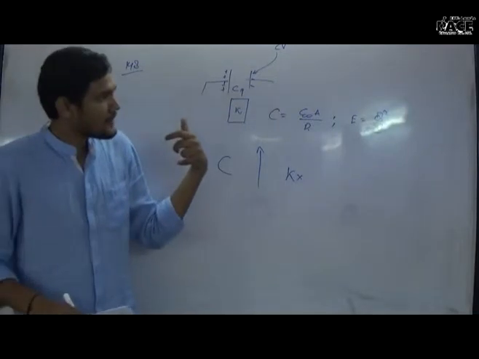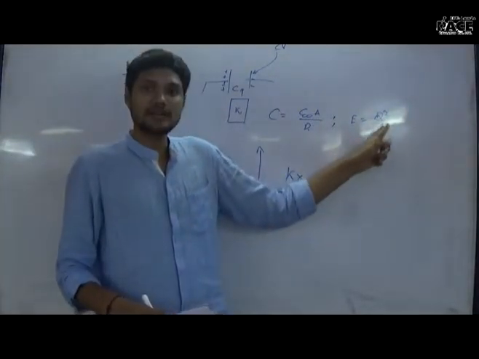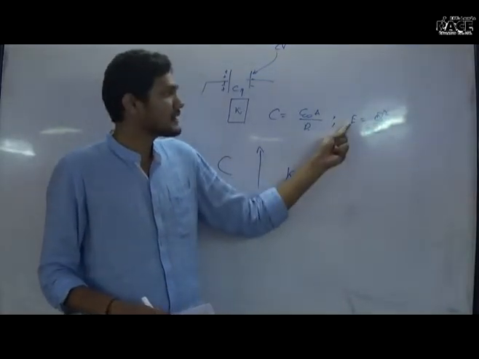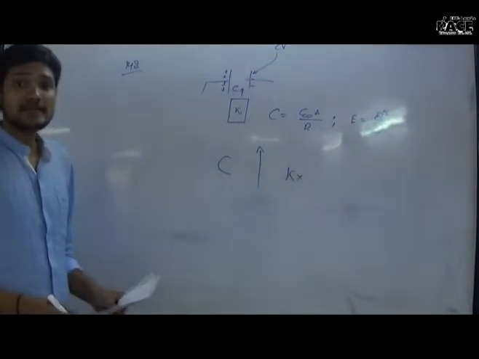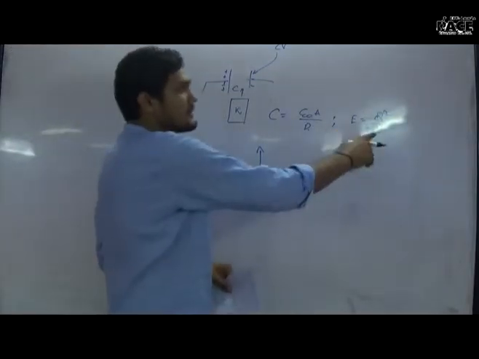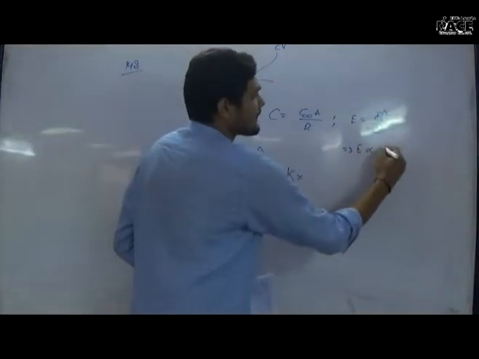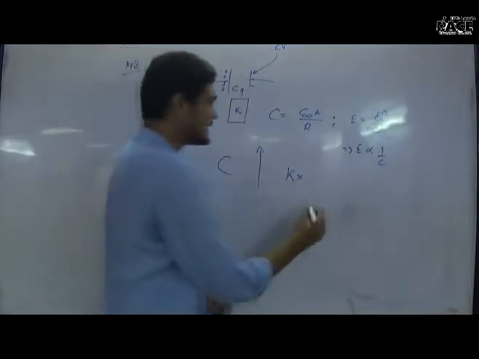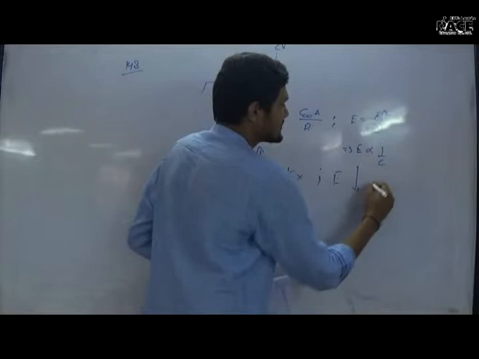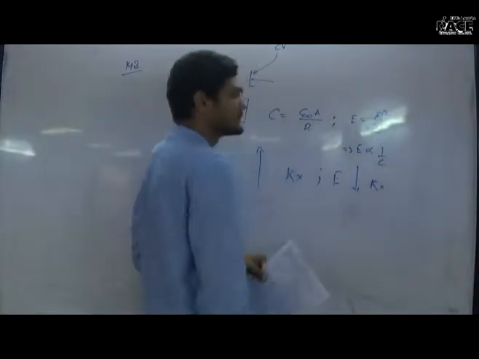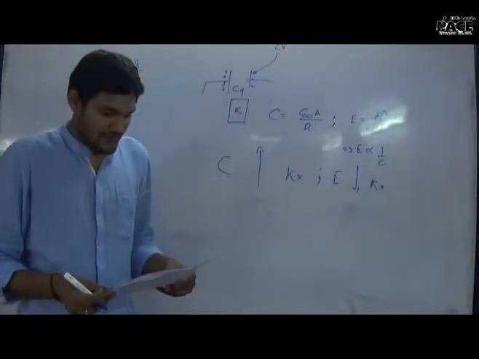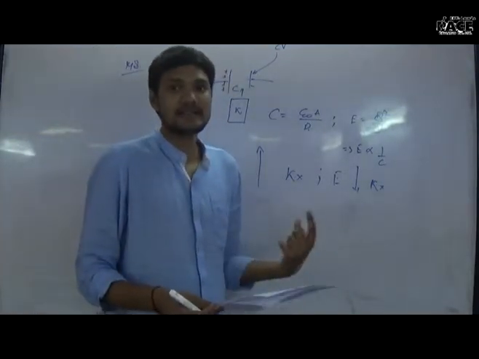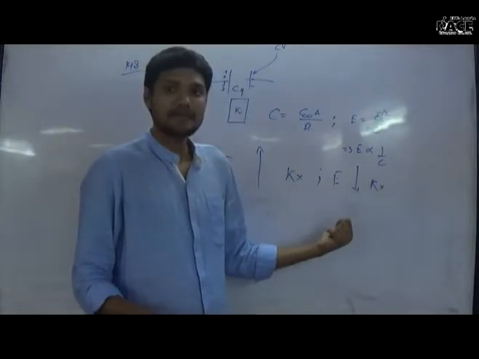So the charge in this system is constant, and as the capacitance is increased by a factor of K, energy is decreased by a factor of K, because energy is inversely proportional to capacitance when the charge is constant. Similarly, if you solve part 2, you'll get the change in energy is equal to half CV squared times (1 by K minus 1).